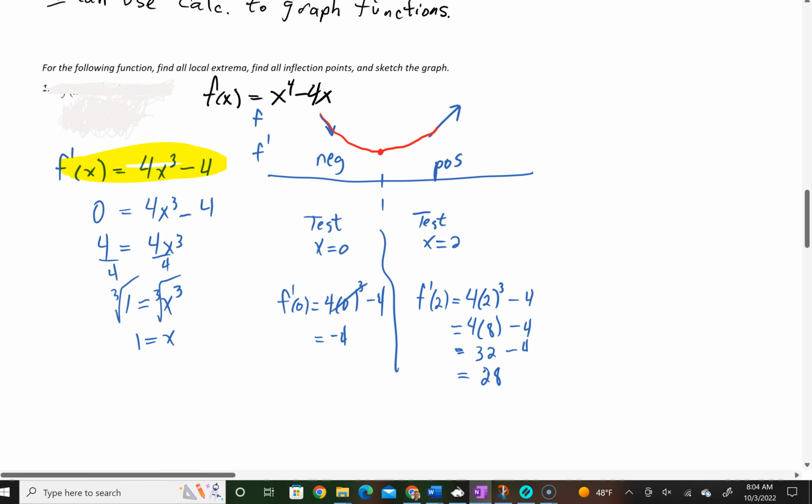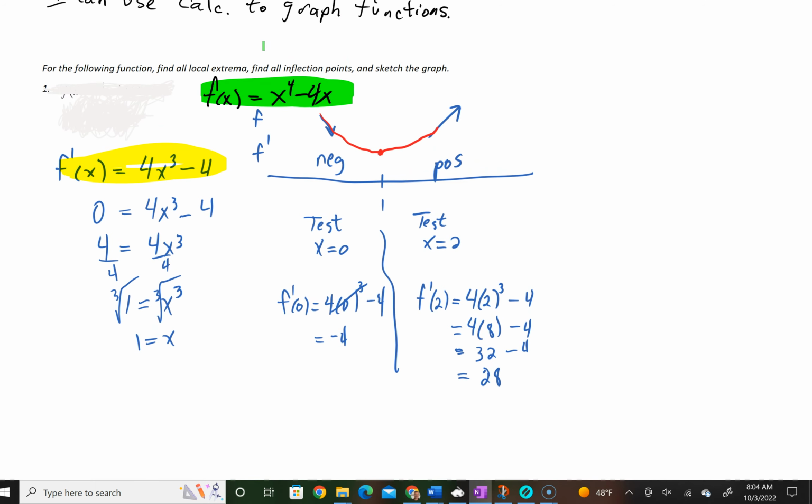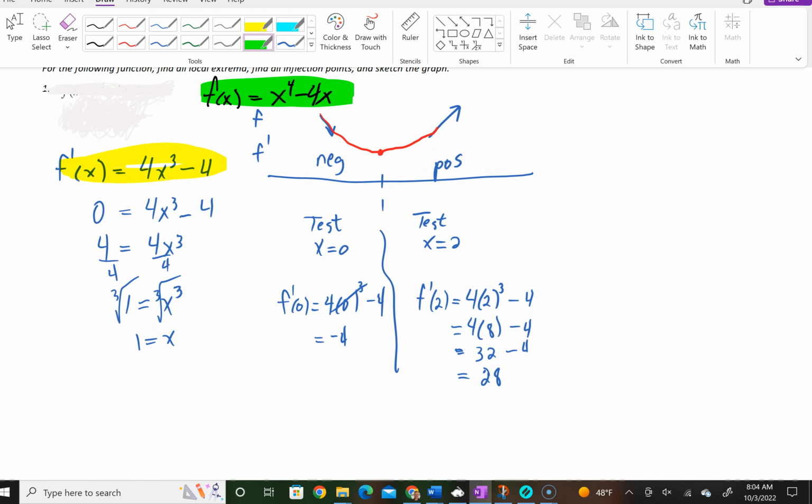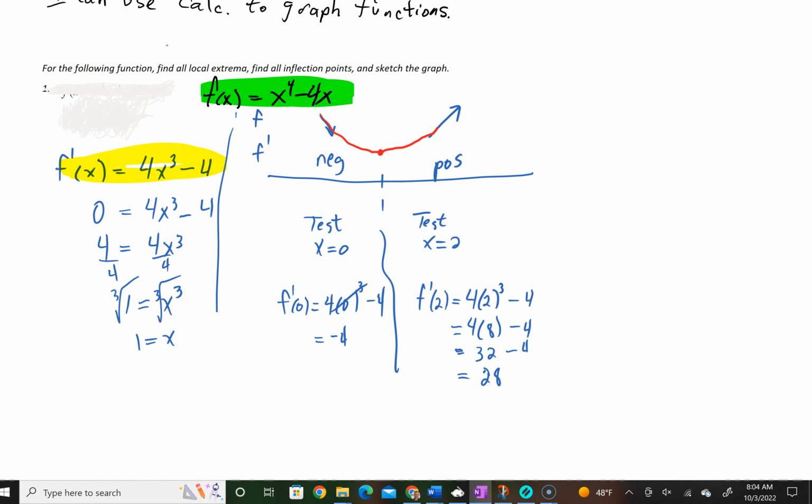So I'm going to do just a little bit of work here, and I'm going to say, we really need to come back to the function, and I'm going to plug a 1 into the original function. That's 1 to the fourth minus 4 times 1. And 1 to the fourth is just a 1 minus 4.